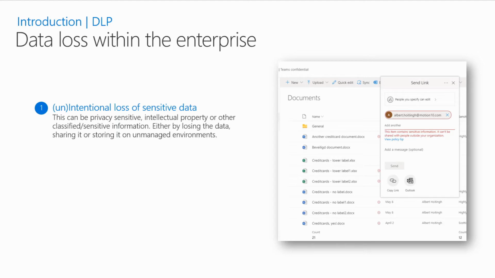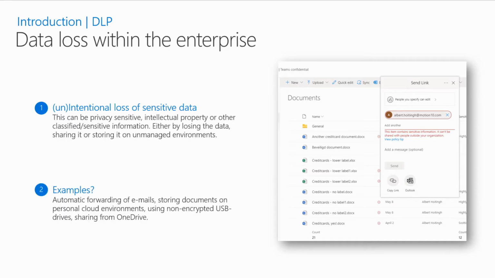It can be intentional, of course, and that's more or less the insider risk problem we have. Sending it to an unmanaged device, or just forwarding emails to mail environments outside of your system, either intentionally or unintentionally. So there are a lot of examples.